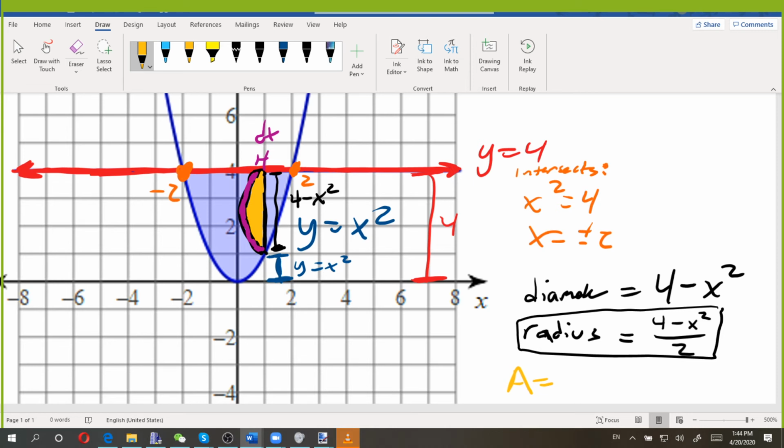Okay, so we've got half of a circle for this yellow part, if that helps. So if this is a half circle, then what should the general formula for the area be?